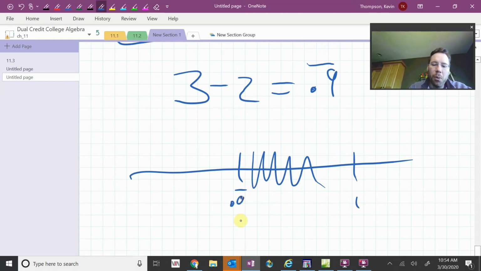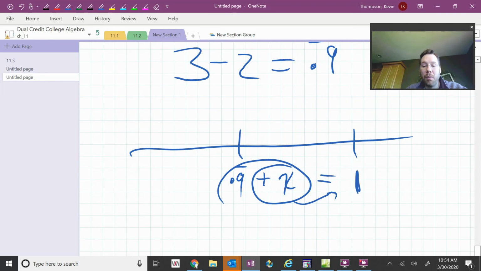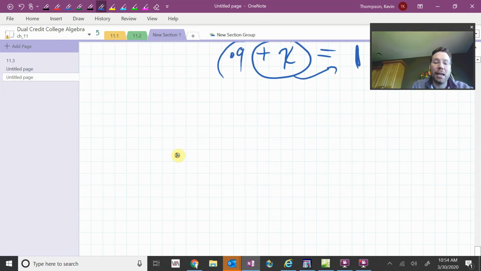So if 0.9 repeating is not the same number as 1, then I would have to be able to add something to it to get the number 1.